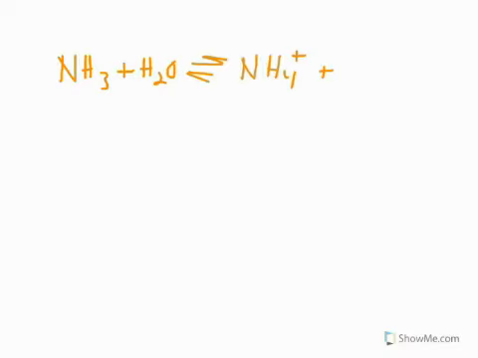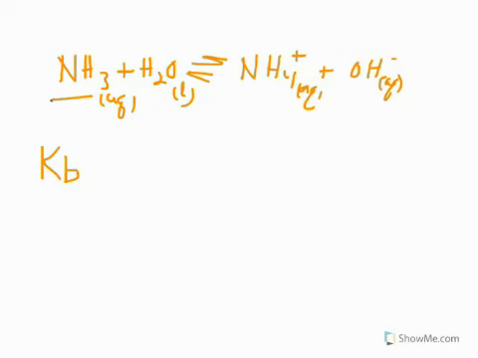Let's just do NH3 plus water to give us NH4 plus and OH minus, aqueous, liquid, aqueous, aqueous. And this is another equilibrium constant, which we're going to call Kb because we have a base here.